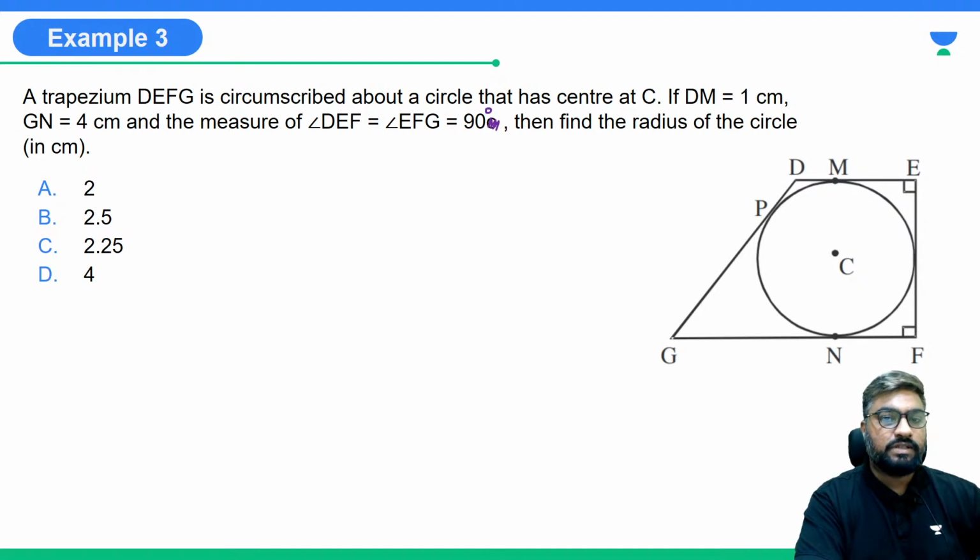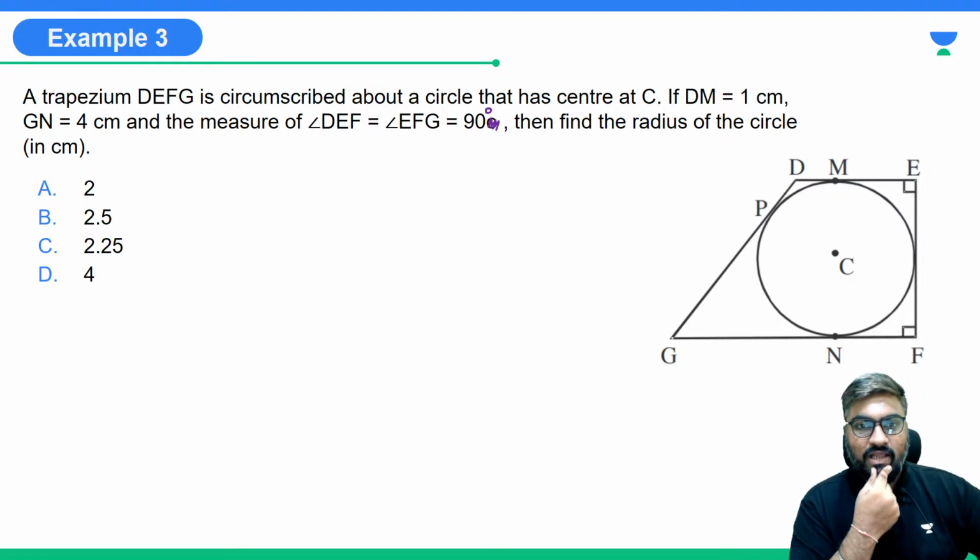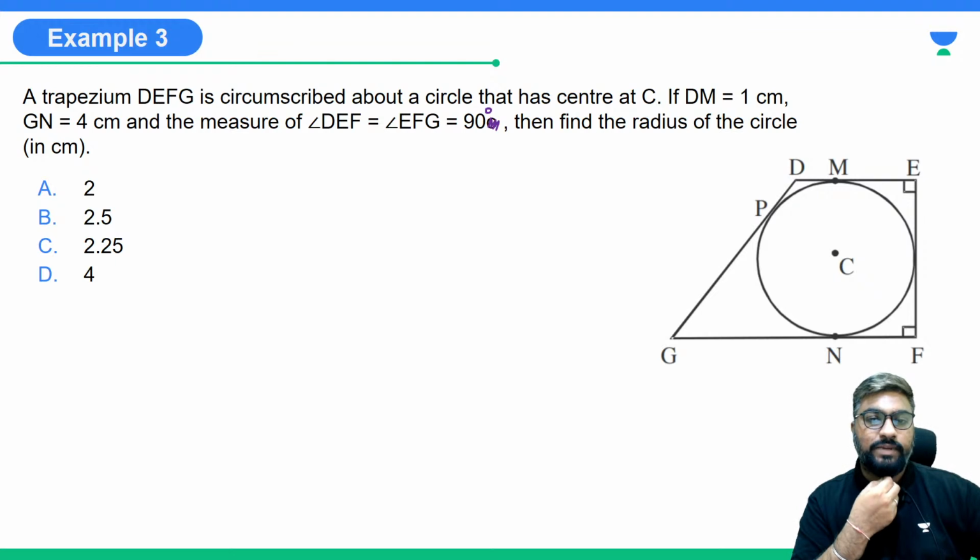We need to find the radius of this particular circle. In the question, it needs to be given that DE and GF are parallel to each other.